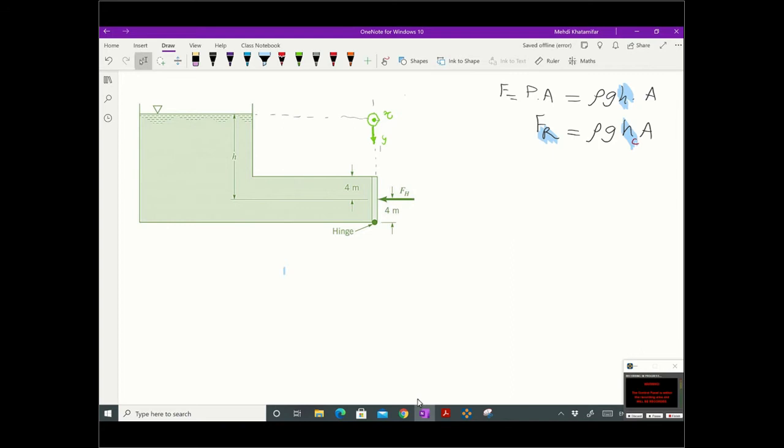Okay, which point are you finding the moment about? About the hinge? Why about the top? Not the hinge, because that is the.